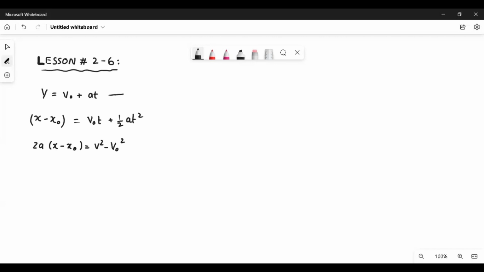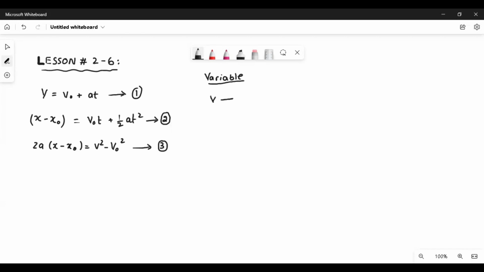If you look at them carefully, there are 5 variables upon which these three equations are related. What are the variables here? The first one is v.